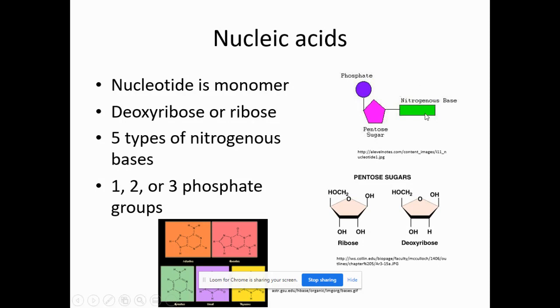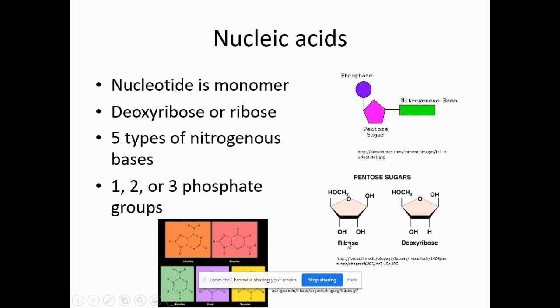So what we see here, the adenine, guanine, cytosine, thymine, and uracil, that's what would go here. Then you'd have either ribose or deoxyribose right here, and then your phosphate group or groups right here. Let's look at the structure of ribose and deoxyribose. What's the big difference here?